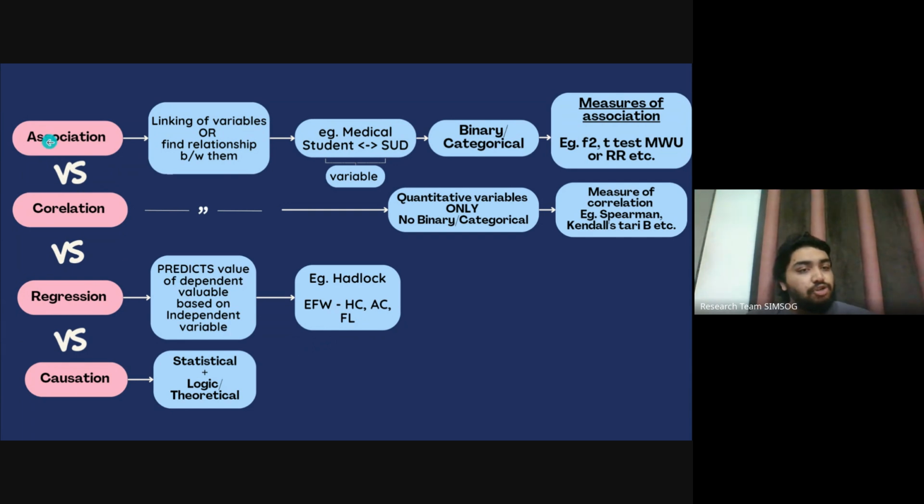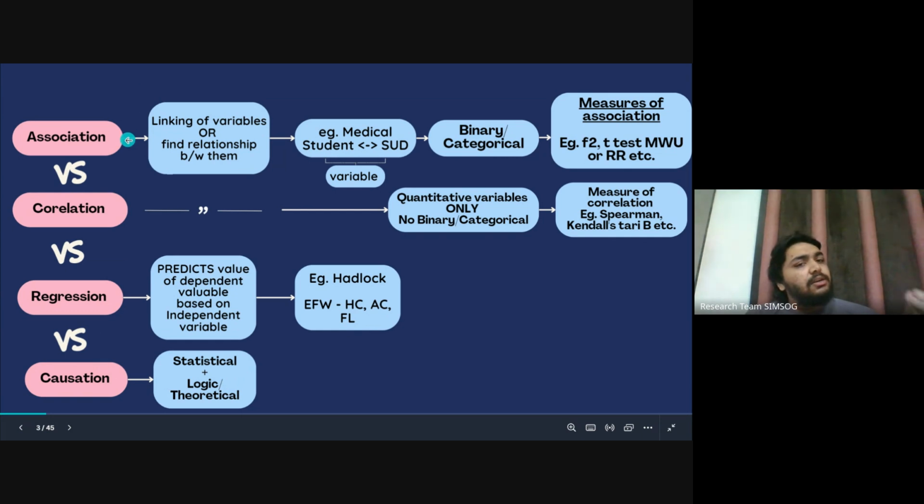Now, association, correlation, and regression are essentially statistical measures. These are statistical tests we apply and find out. But causation is something which is not only statistical but also logical and theoretical. What do I mean by this?